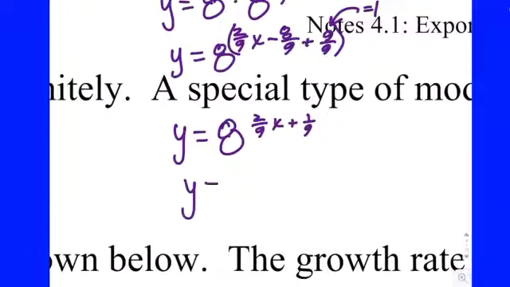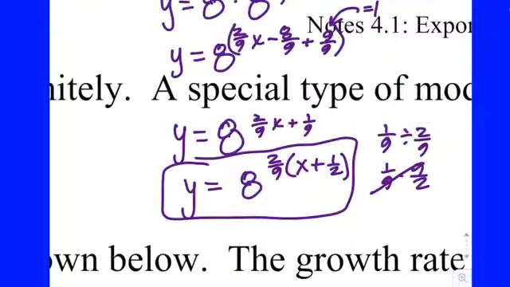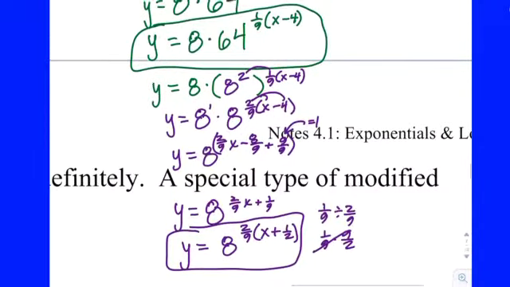Now I could put it back into standard transformation form, and I get 2/9 times x plus, what's 1/9 divided by 2/9? 1/9 divided by 2/9. Good, I heard it. 1/9 times 9/2. It's 1/2. And this right here is probably the prettiest looking version of that function.